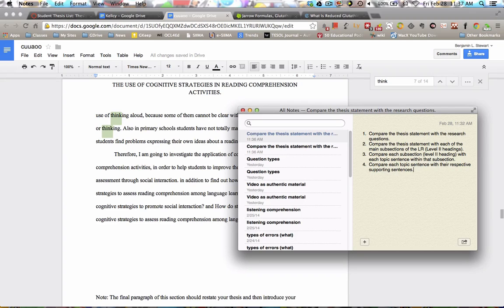Maybe this second section needs to go first. Maybe this second body paragraph should go at the end, because it doesn't make sense that I talk about it here. Okay? So try your best to look and analyze all your work first from a logical standpoint.